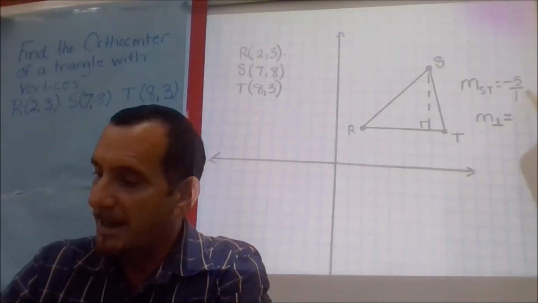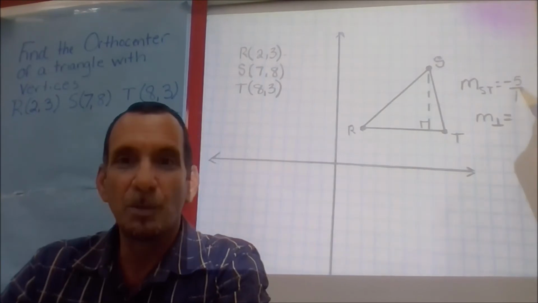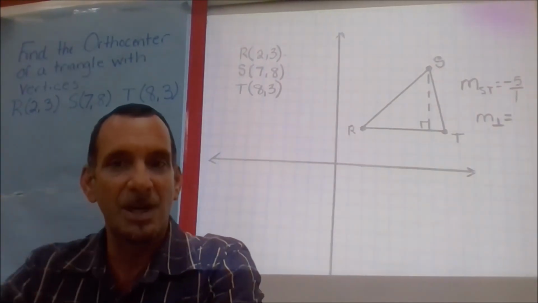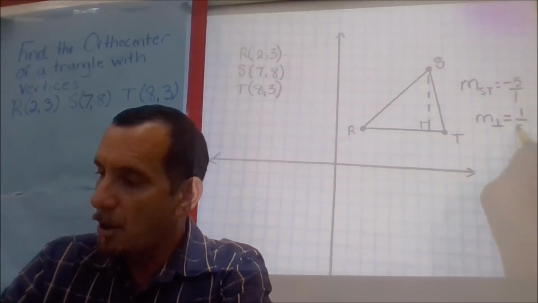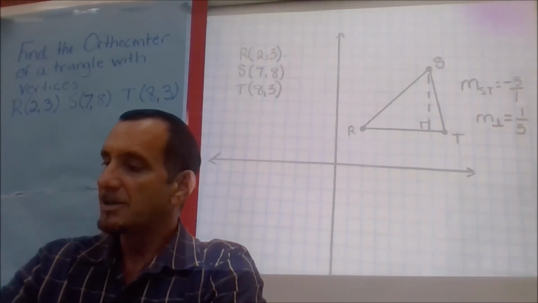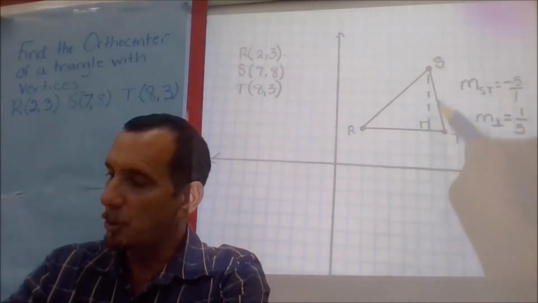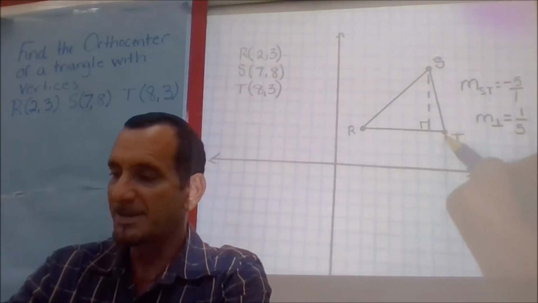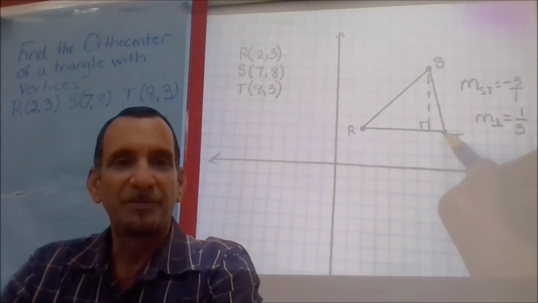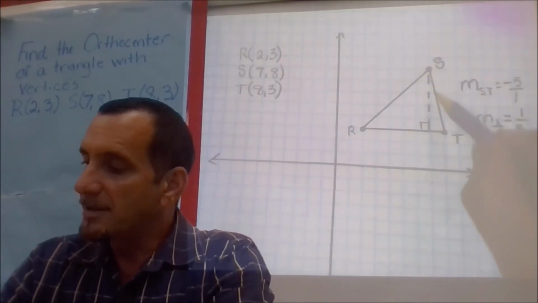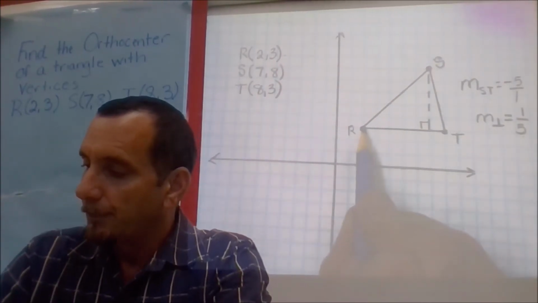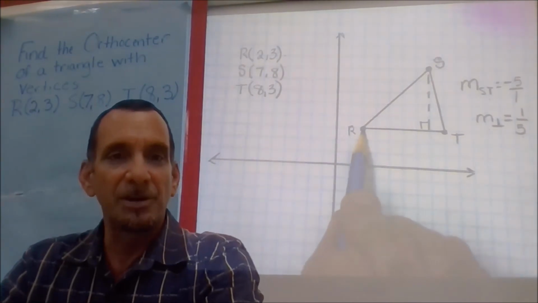And we know that that is the opposite reciprocal. Flip it, change the sign. So we've got the perpendicular slope to be 1 over 5. So step 1 is getting the slope of one of the sides of the triangle, finding the perpendicular slope to that slope, and then starting at our opposite vertex.